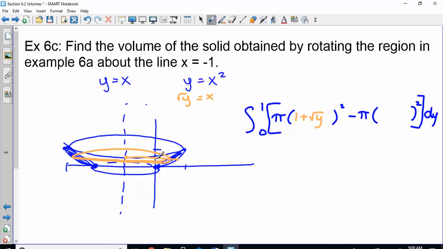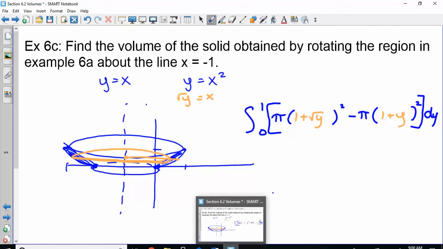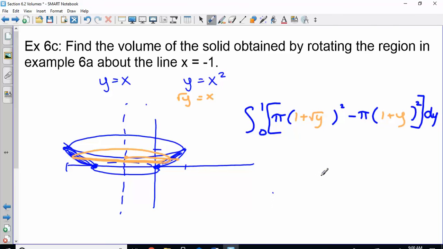For the other one, the distance to the curve from the x-axis would just be y equals x, so we could just do y. But we have to be 1 further than that, so it would be 1 plus y. Everybody with me there? What do we do now?